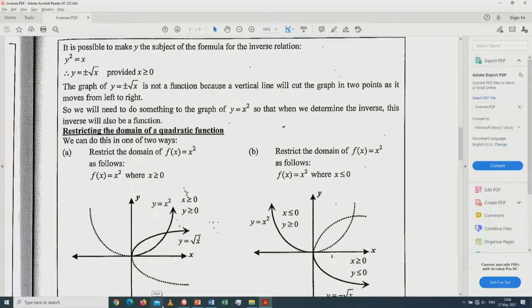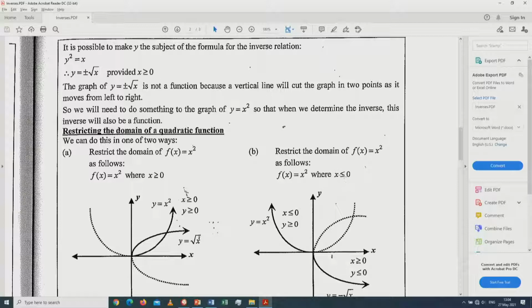There are two ways of restricting the domain. How do we restrict the domain? In terms of a quadratic function, number 1, x greater or equal to 0. Number 2, x less or equal to 0.